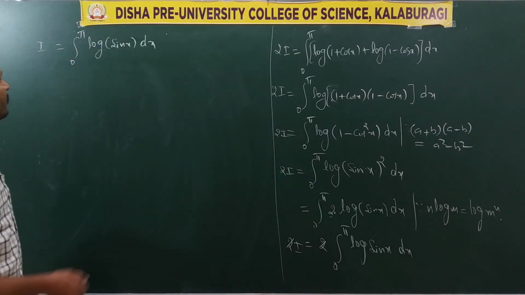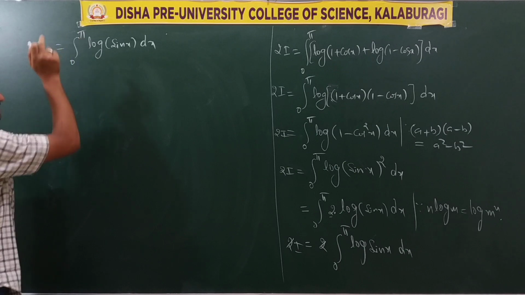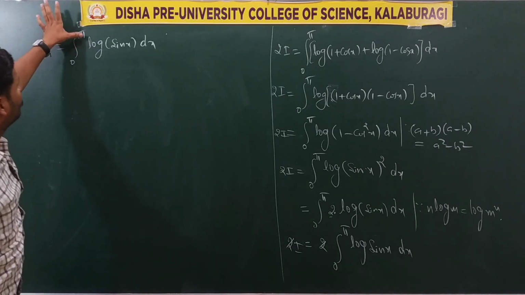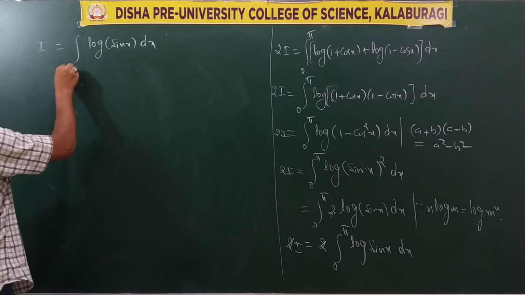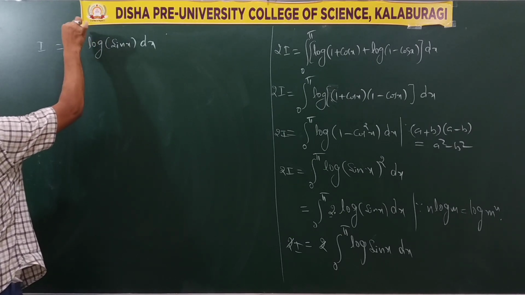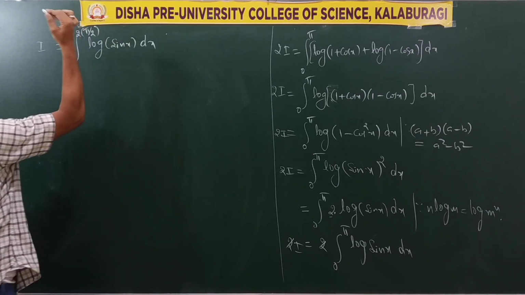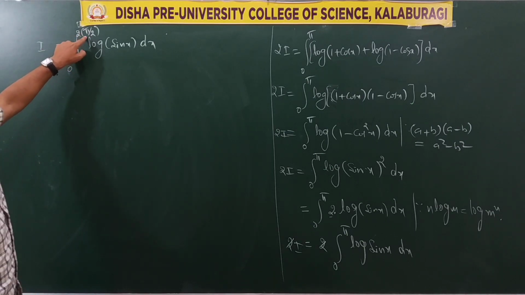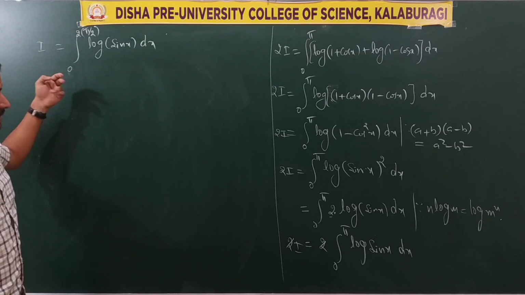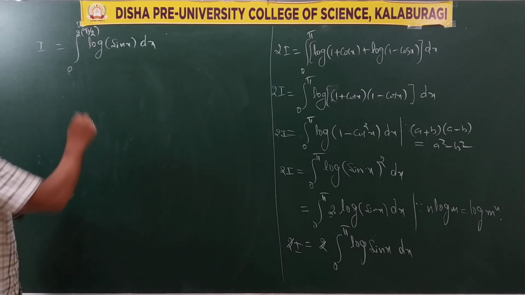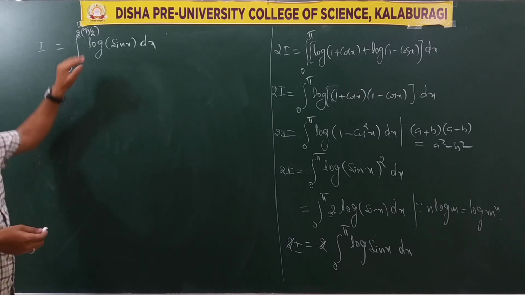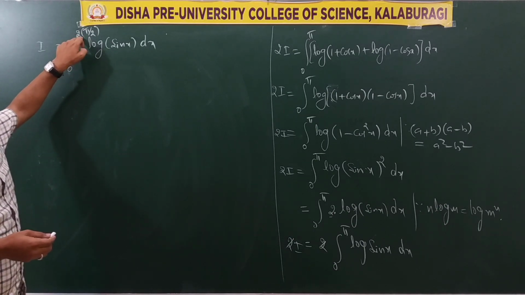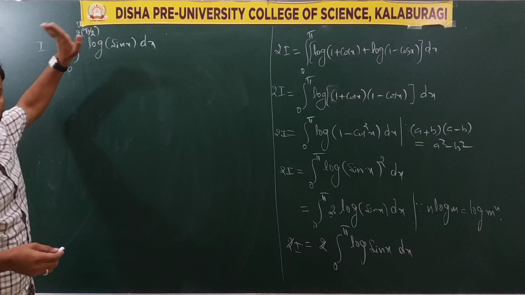Here 0 to pi, this pi can be written as 2 times pi by 2, so 2 into pi by 2 is again pi. We write it in this format because in the property we have 0 to 2a, so here the value of a is pi by 2. To bring it to that format, I wrote it as 2 times pi by 2.